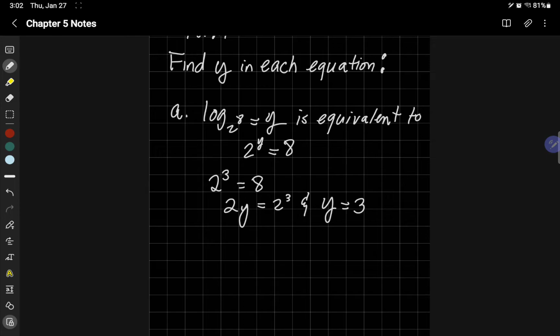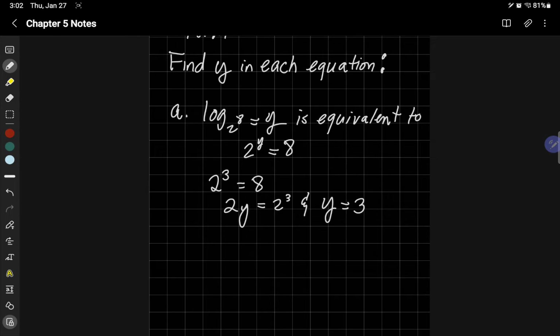I kind of get it. They're trying to put it in exponential form to get the response, but they didn't break it down in the book as to how they got the 3. Y equals 3. I know 2 going 3 times is going to give you 8. I know that. But how did they get 3?